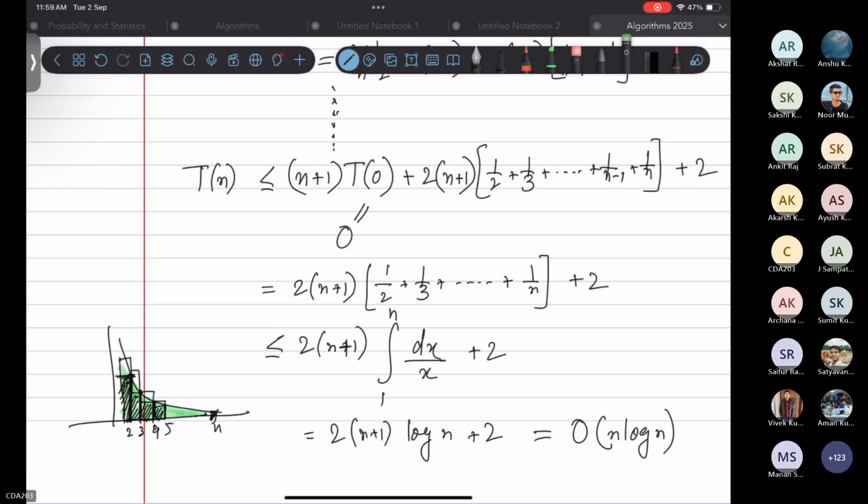We can work with the same array itself. And when we apply randomized quicksort, the constant hidden in that big O notation is much smaller. So that's why randomized quicksort works really fast in real-time applications.